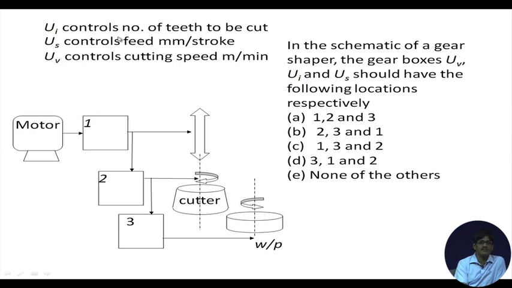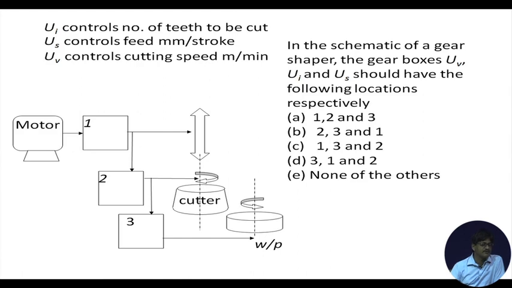I have just jumbled it up. Okay. You already know this thing very well. So, what is the question? The question is, in the schematic of a gear shaper, the gearboxes UV, UI and US, mind you, UI has been placed in the middle, should have the following locations respectively.